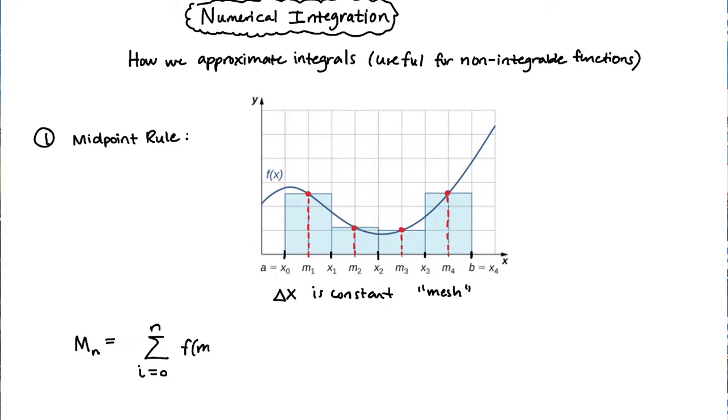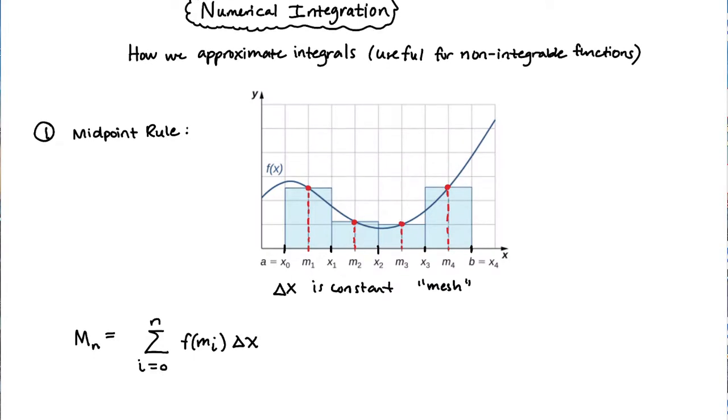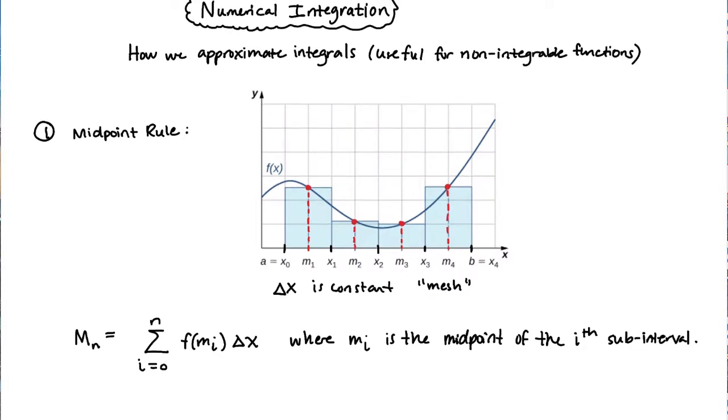So f of m sub i times delta x, where m sub i is the midpoint of the ith subinterval. So this is height times width of a rectangle. Pretty straightforward. And then the sigma notation means just add them up.